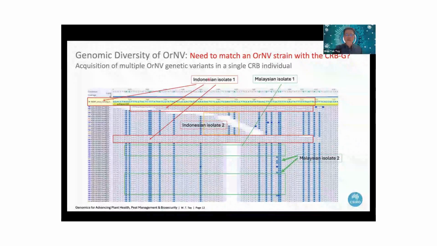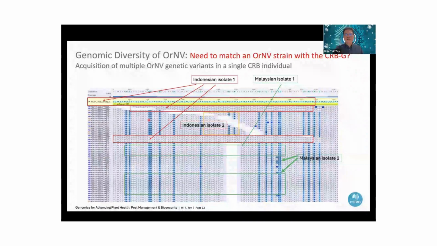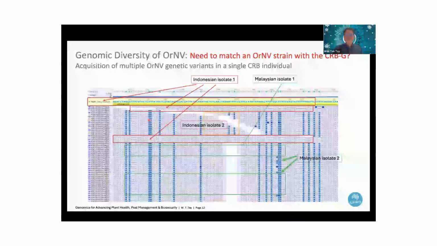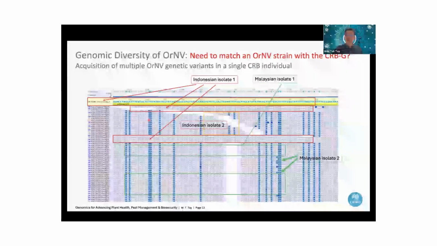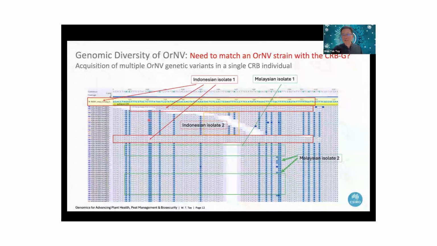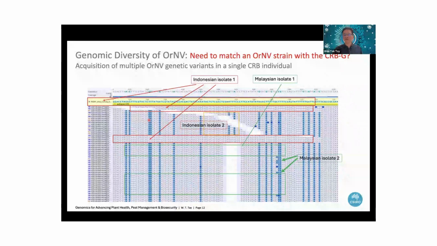Likewise, for Indonesian, we can determine that there's one batch of sequences that are identical to Indonesian, represented here, and a second batch, which has this region but is highly similar to the Malaysian as well. So in the natural scenario, there is just not one specific strain of virus present in a specific rhinoceros beetle. So why are we actually going down the path of trying to match and look for one specific strain that might be effective?